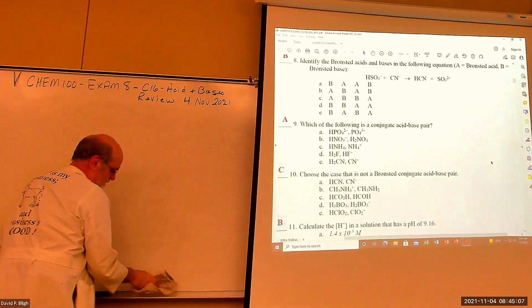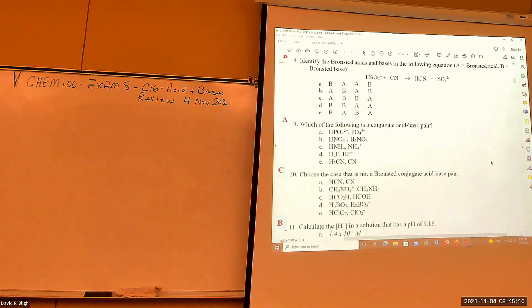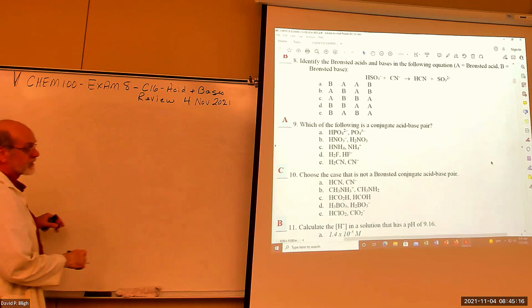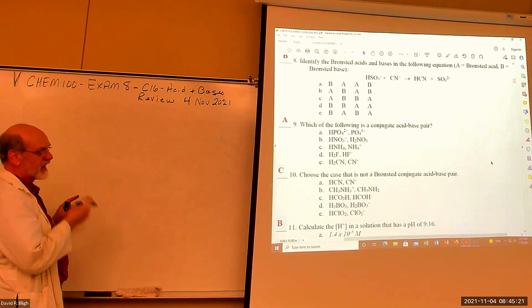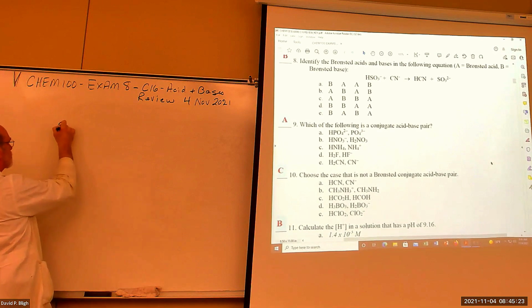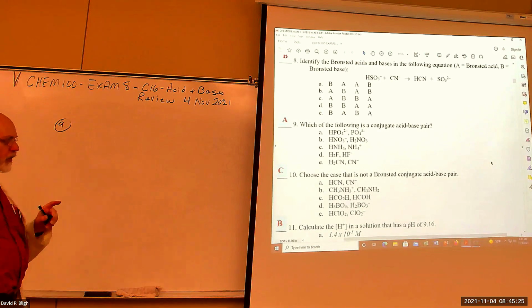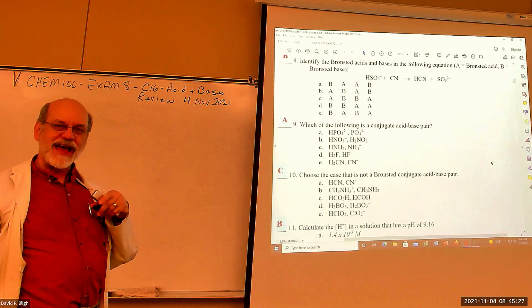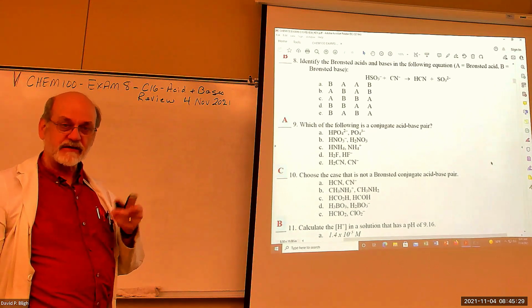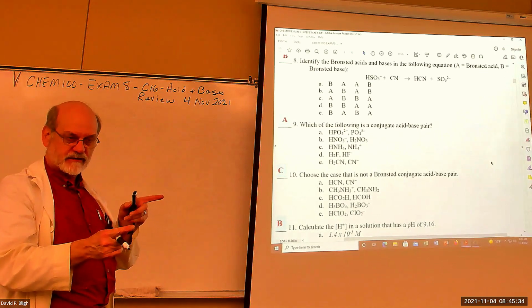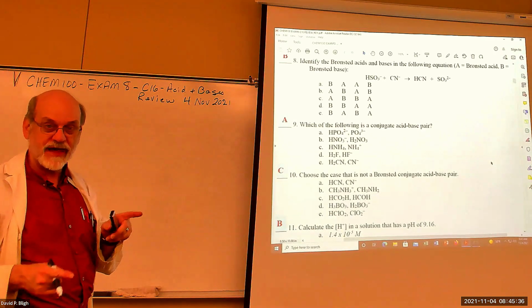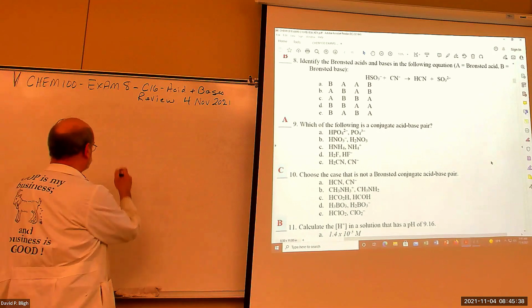That was number 8. Let's see, do we want to tackle number 9? Okay, number 9 goes to the definition of what a Bronsted-Lowry acid is. So in order to have a conjugate acid-base pair, what they mean by that is you have the acid, and then next to it you have the conjugate base. Right, so what does that look like?